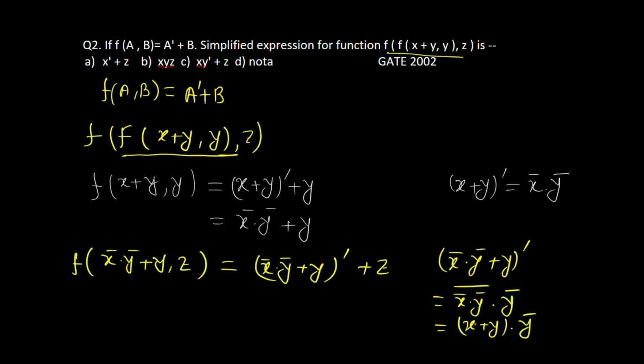Here bar is cancelled and we get x y bar plus y bar. Here y bar is cancelled, so basically we get x y bar.